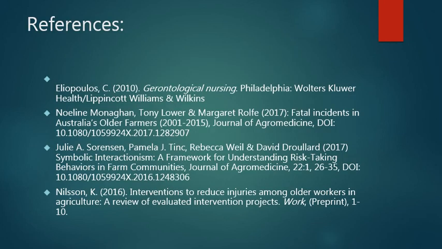Here are our references. The content for this PowerPoint was provided by Eliopoulos, Gerontological Nursing, Chapter 5. And then I want to draw your attention to Monahan, Lauer, and Rolf's fatal incidents in Australia's older farmers; Sorensen, Tink, Will, and Droulard, Symbolic Interactionism, a framework for understanding risk-taking behaviors in farm communities; and Nielsen's Interventions to Reduce Injuries Among Older Workers in Agriculture.